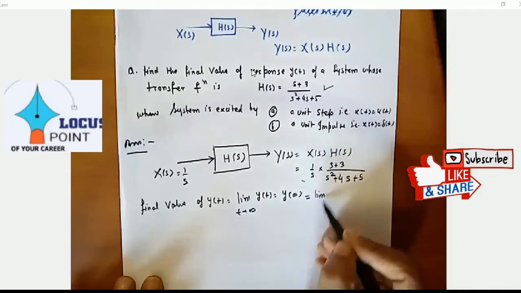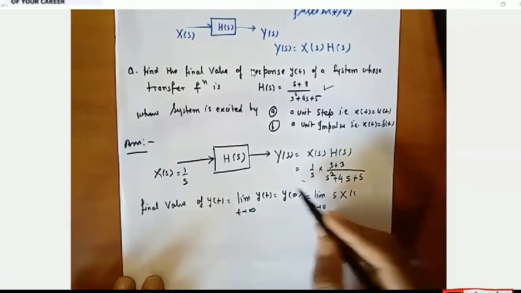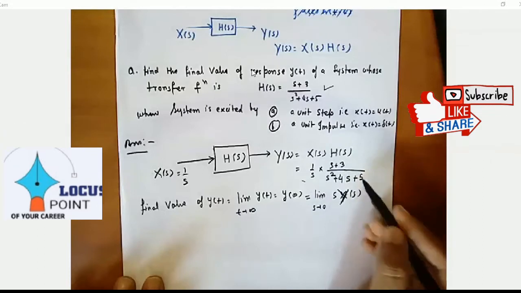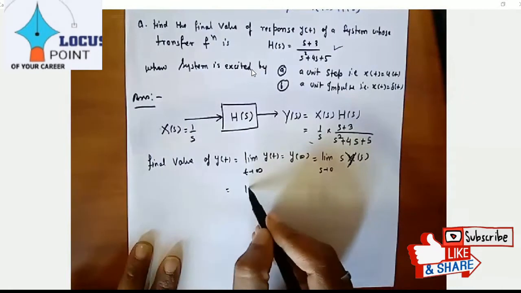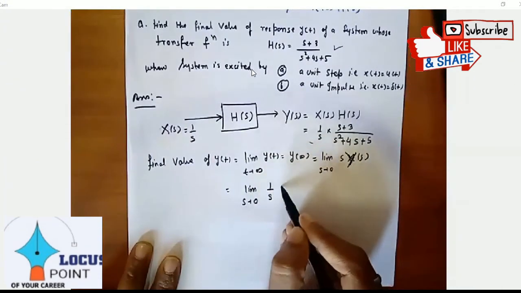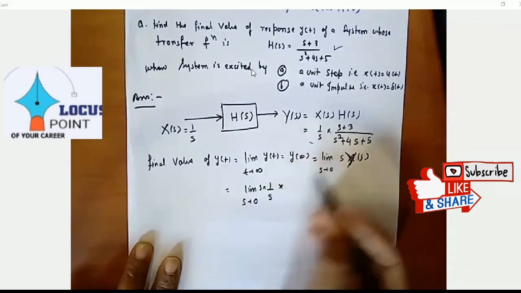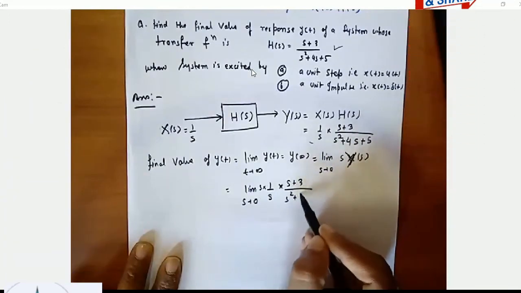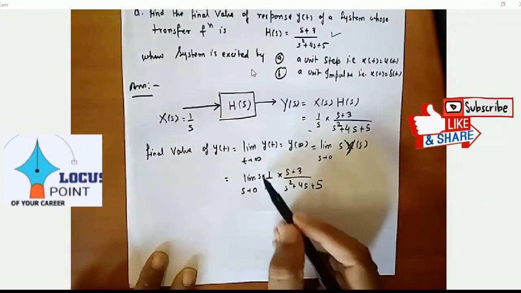You know that it is the limit s tends to 0 of s into X(s). Now because here it is y(t), here it will be Y(s). So put this value. I am writing here: limit s tends to 0, s into 1 upon s into (s plus 3) divided by (s squared plus 4s plus 5).